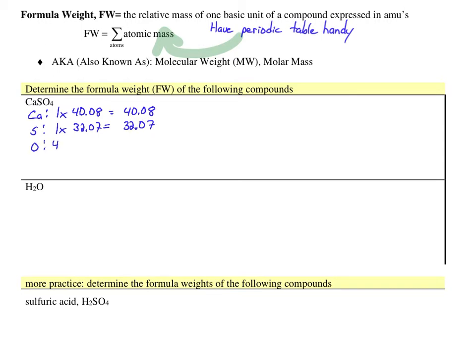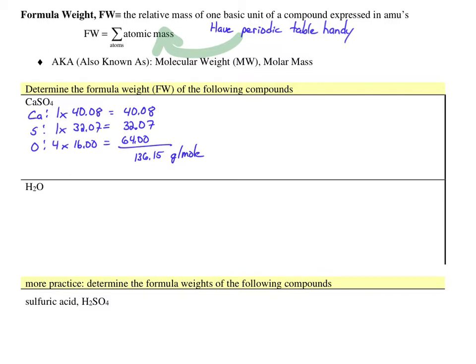And for oxygen, we have 4 atoms of oxygen, each weighing in at 16 grams per mole, for a total of 64.00 grams per mole from oxygen. We add these together to get the formula weight, and here it's 136.15 units are grams per mole.